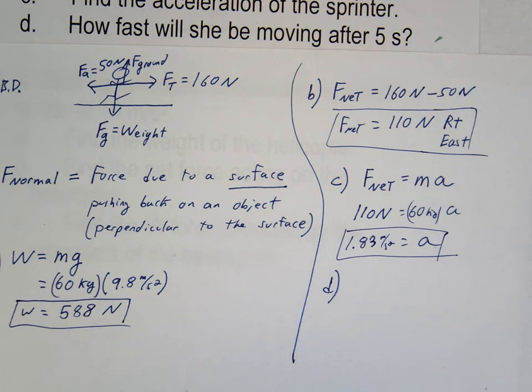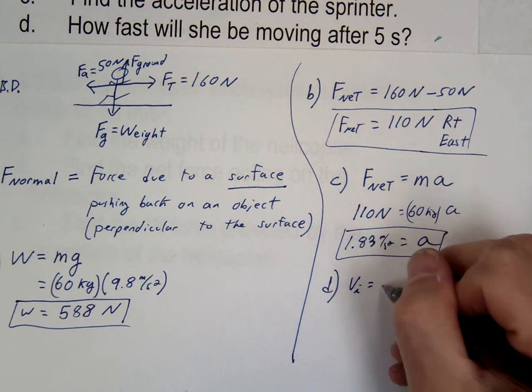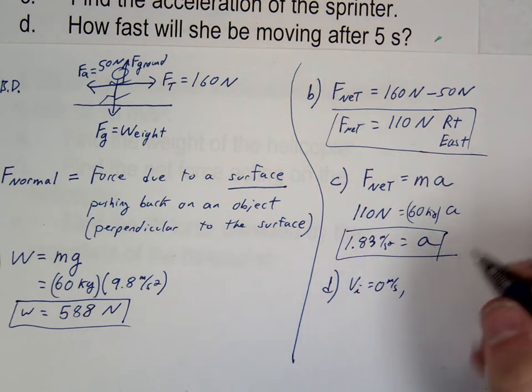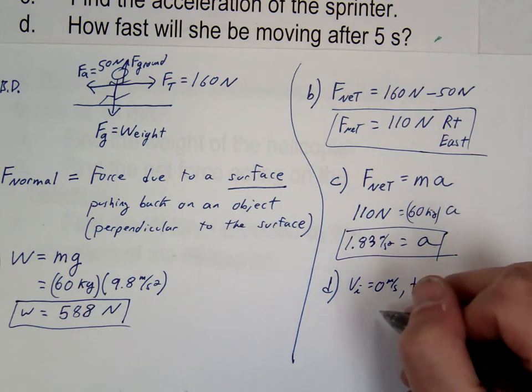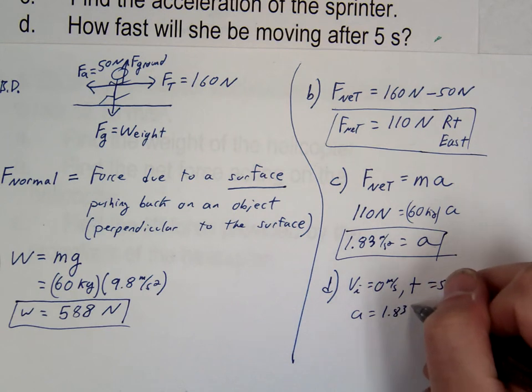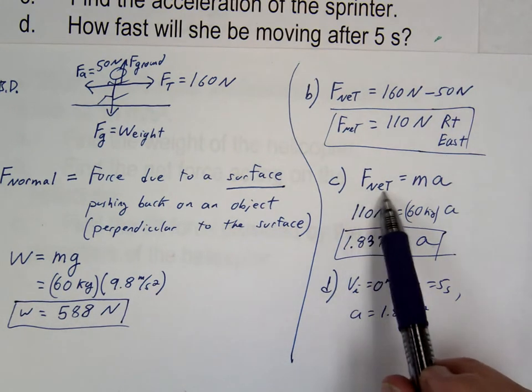How are we going to figure this out? Use our kinematics. Good. So we're not going to get away from our kinematics equations. We're still going to utilize them. Notice, what's our V initial? What's our time? And what is our acceleration? What's the crossover variable between last unit and this unit? What's the common variable? The acceleration. So the big equation for this unit is Fnet equals ma.